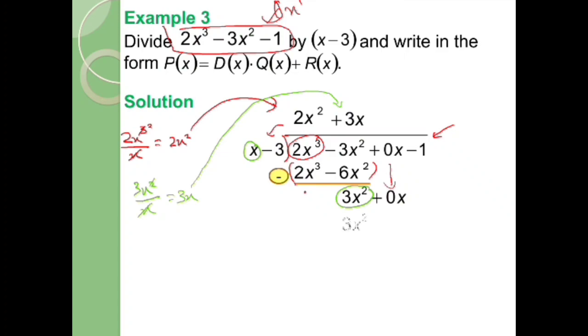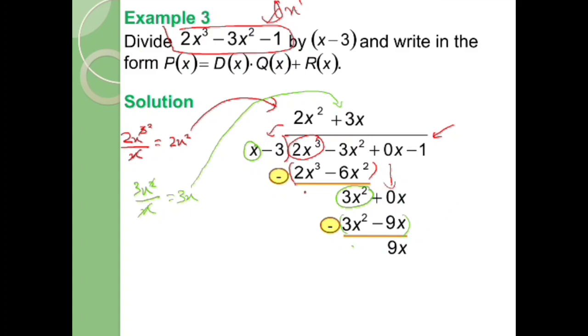Next, multiply 3x with the divisor, and then 3x times x is 3x squared. 3x times negative 3 is negative 9x. Remember to write a minus outside and put a big bracket there. Subtract the terms one by one. Make sure the first term is 0 here. And then 0 minus negative 9x is just positive 9x.